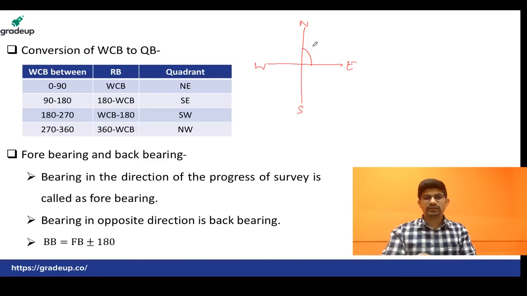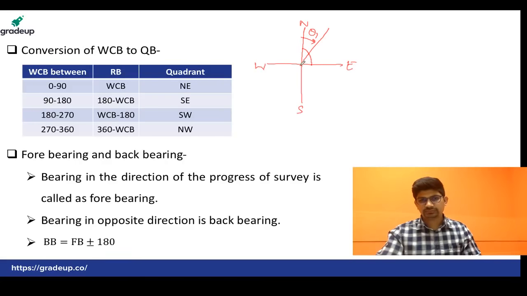The reduced bearing for this will be equal to WCB, because for any angle in this quadrant, the reduced bearing equals theta. If this is theta 1, the quadrant is northeast and the reduced bearing will be WCB.